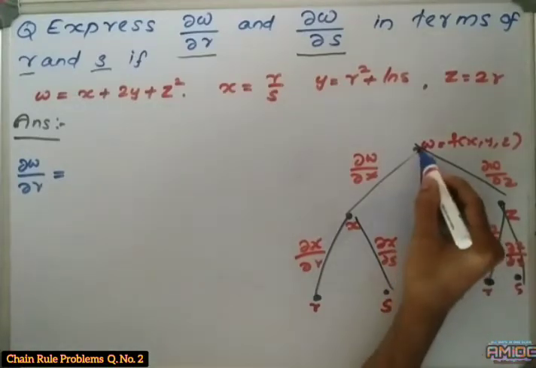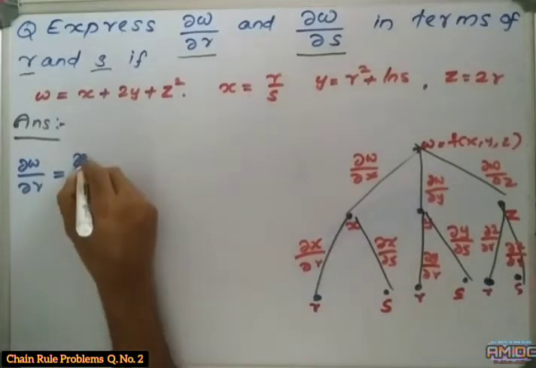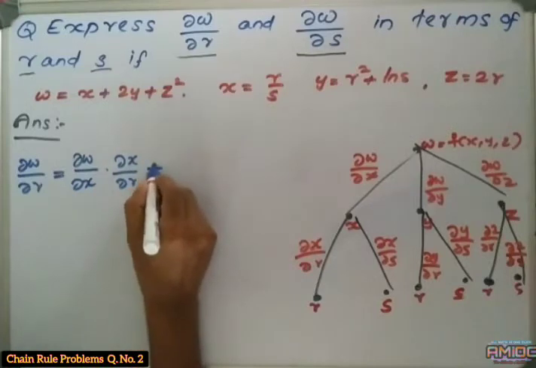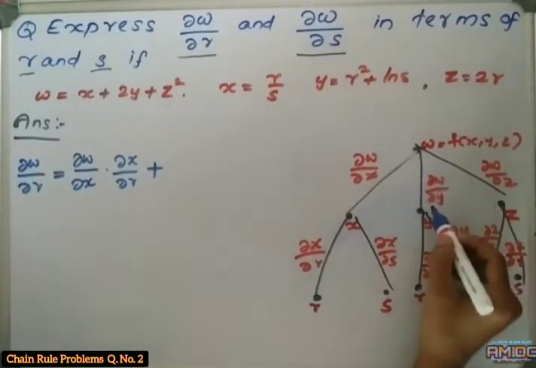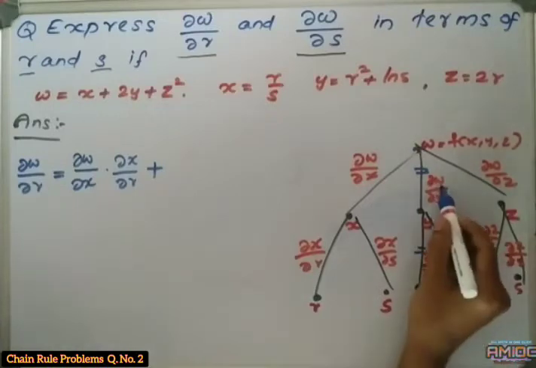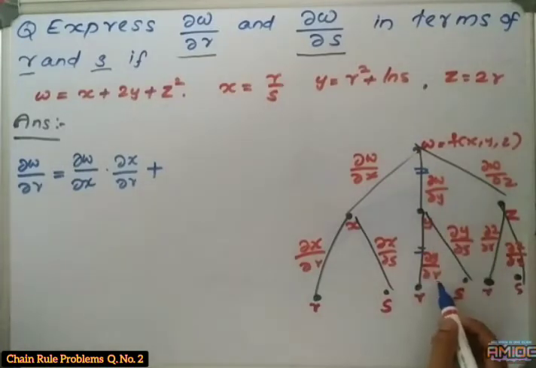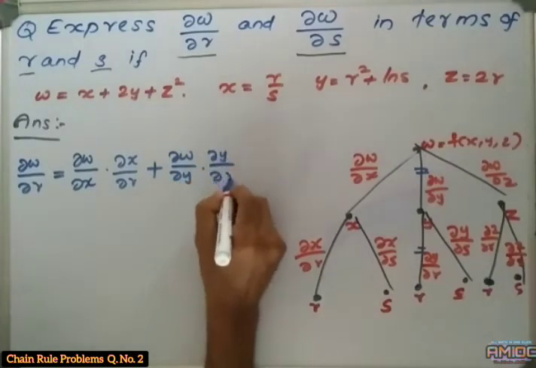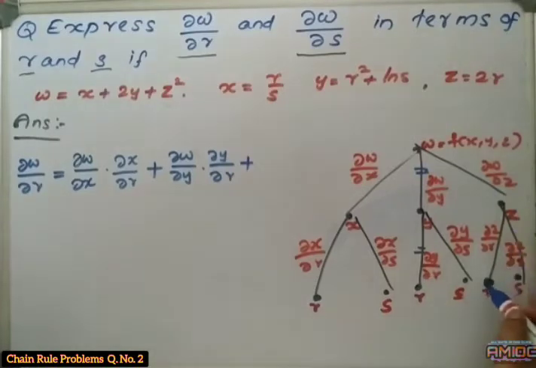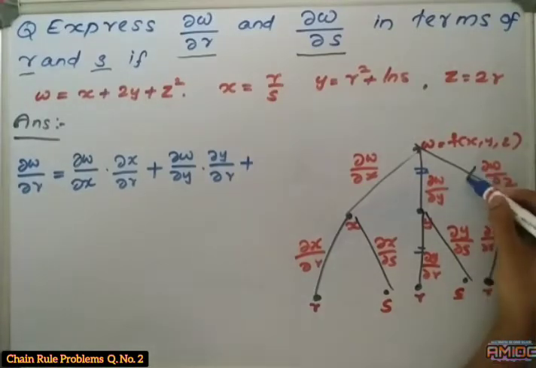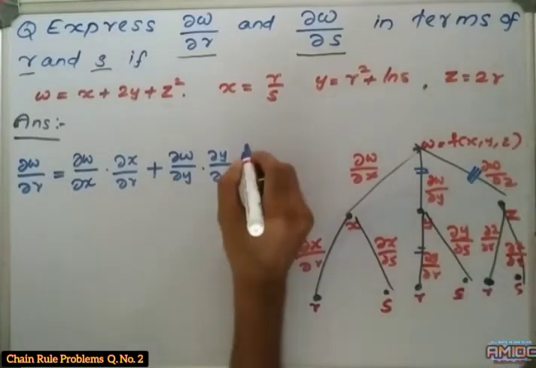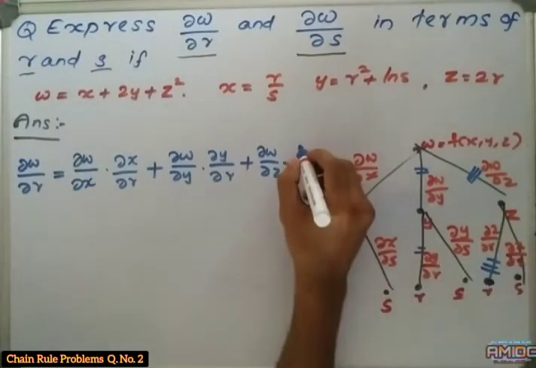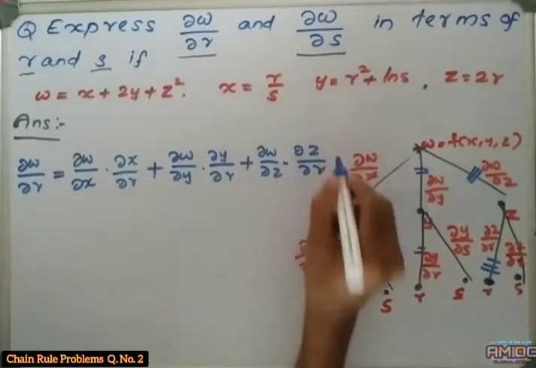These are the composite of these two parts, ∂w/∂x and ∂x/∂r, plus the composite of these two parts, ∂w/∂y and ∂y/∂r, plus the composite of these two parts, ∂w/∂z and ∂z/∂r.